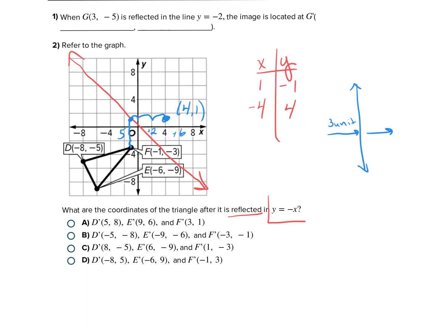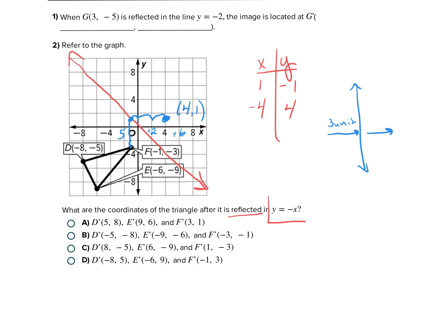Now, if counting on this graph is too confusing, there's no reason why you can't use the other graph paper. So let's say F is at -1, negative. Take a look at the other points. So let's say D is (-8, -5). Okay. Now, you'll notice this is a multiple choice question.